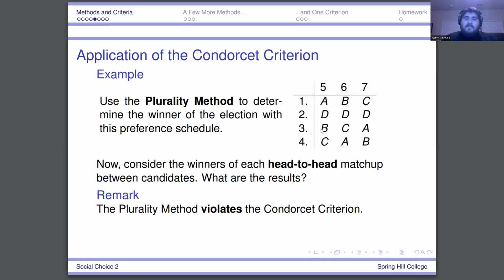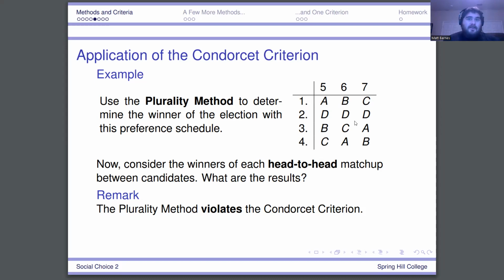And then over here for C, D beats C here, D beats C here. That's 11 total. And then C beats D here. That's 7 total. So 11 versus 7. Well, D wins that one too. So it wins all 3 of its matchups. It beats A, it beats B, and it beats C. So if we use plurality, then we automatically get that C is the winner. But these head-to-head matchups tell us that D should be the winner.